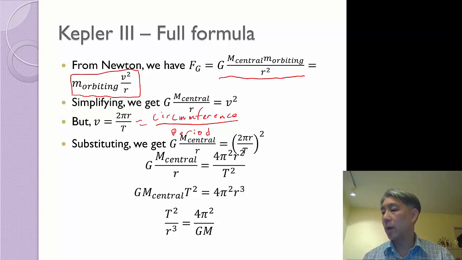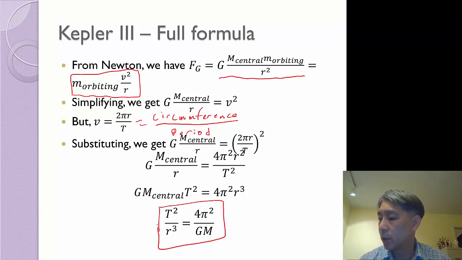Squaring everything out, it becomes GM over r equals 4 pi squared r squared over T squared. Rearranging everything, I finally end up with this formula. You do not need to know the derivation this year, nor do you really need to know the 4 pi squared over GM. However, it's there if you want it. Okay? Thank you.